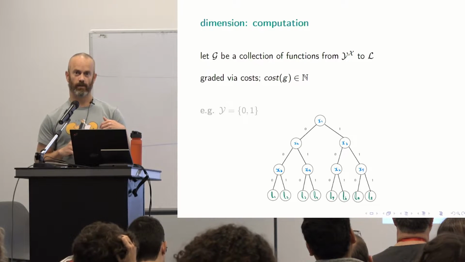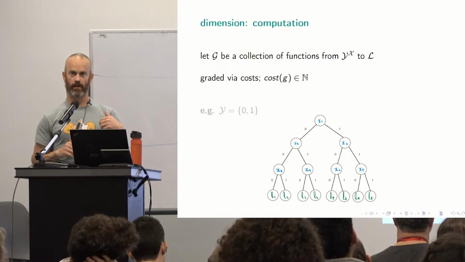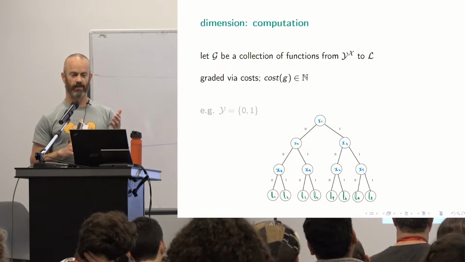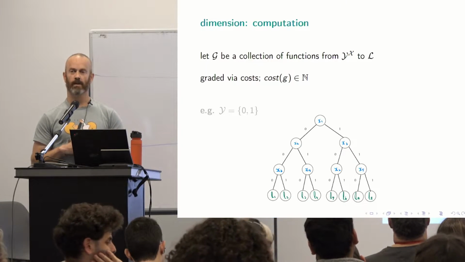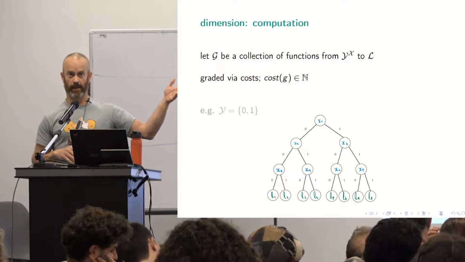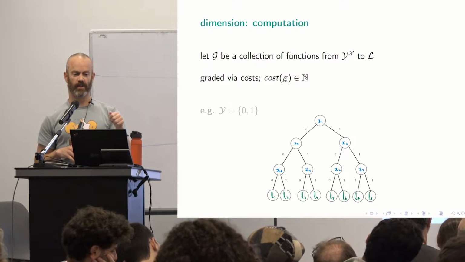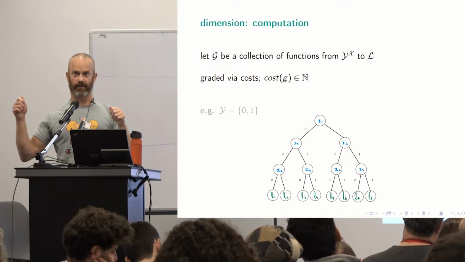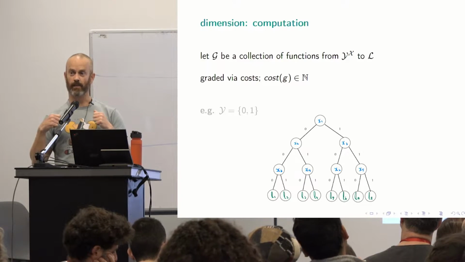So to define a dimension, we choose a collection of functions that I denote by G. Every function in G takes a function H as an input.